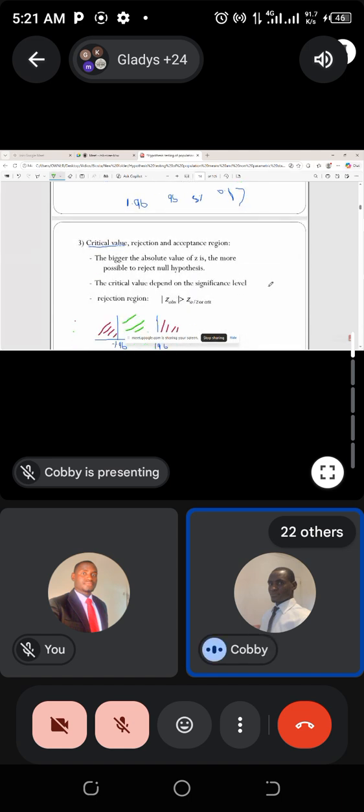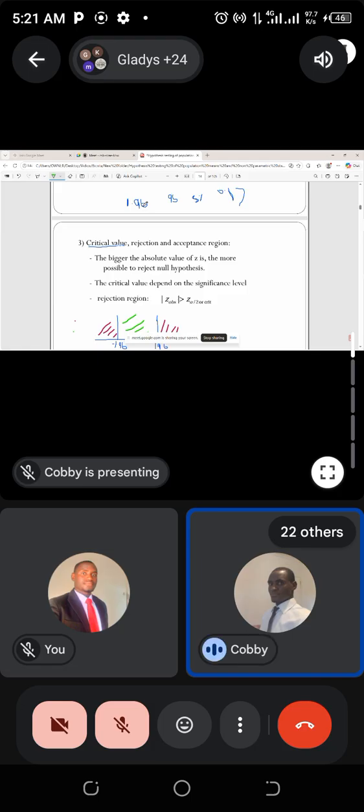The critical value for the two-tailed z test is 1.96.